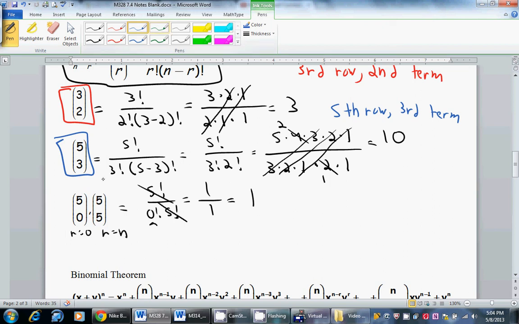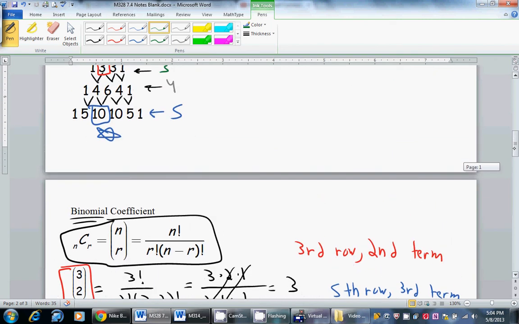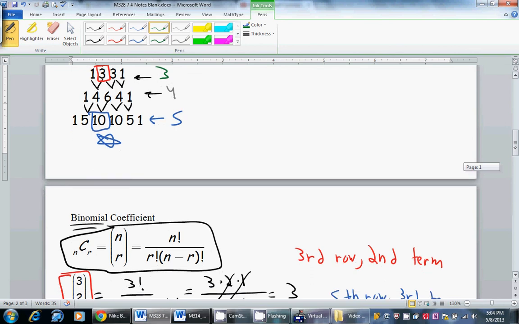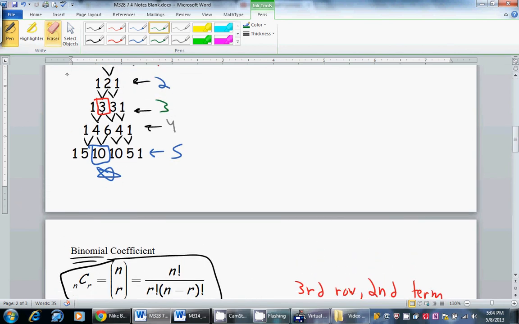Fifth row, 0th term, or first term, I guess, either way. Oh, whoops. Okay, one minor... I was going to say tiny or minor. I couldn't make up my mind. Sorry about that. Technically, the ones here are the 0th term.